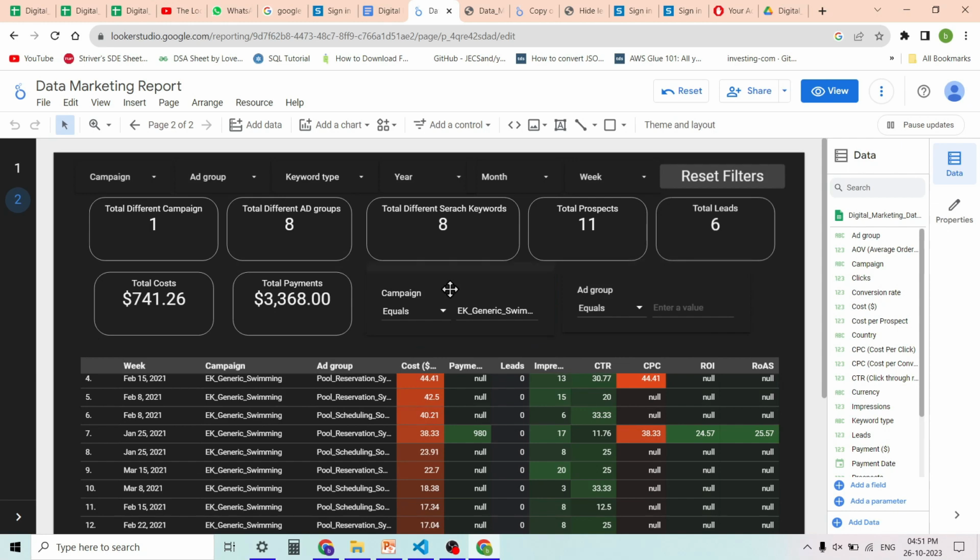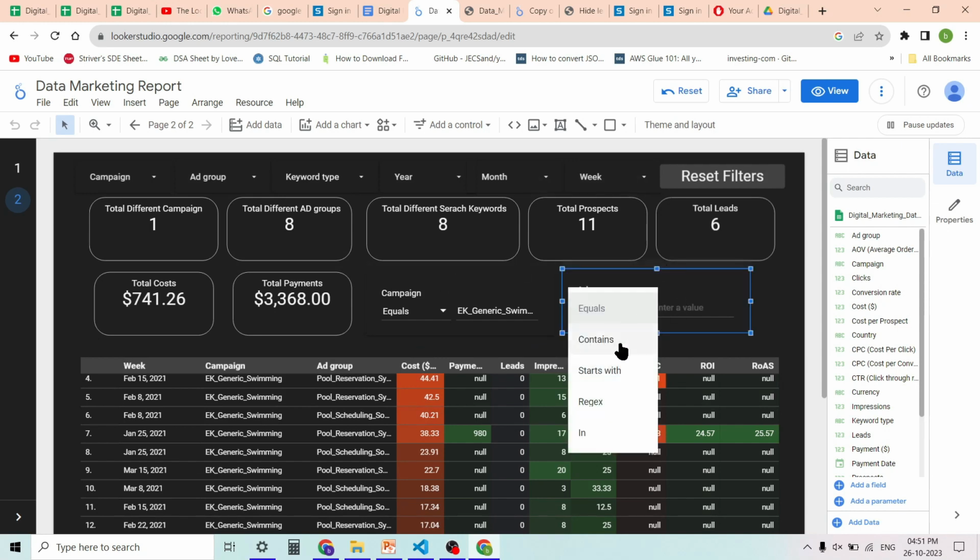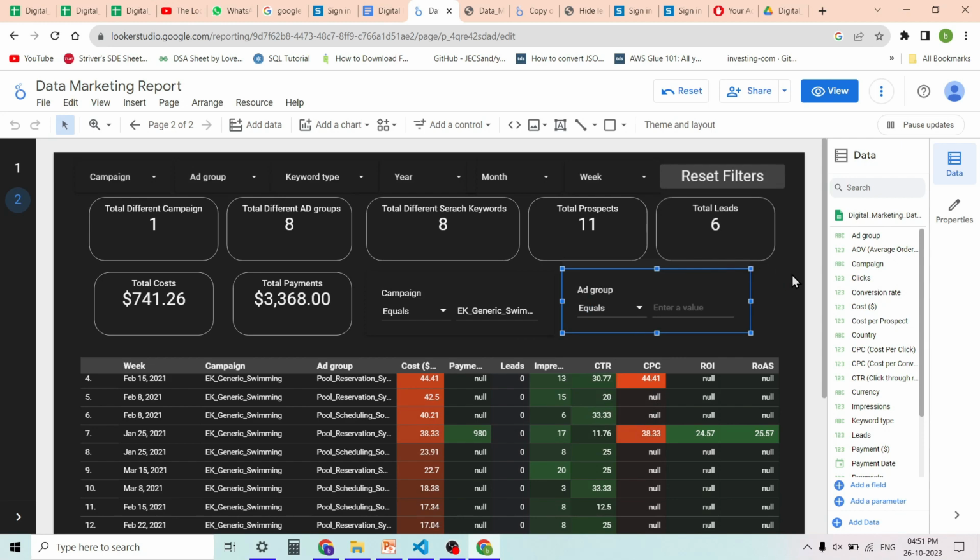So these are some advanced filters. Similarly for the ad group, it also works here. You can select contains, starts with, regex, and others. So we have multiple functionalities here.